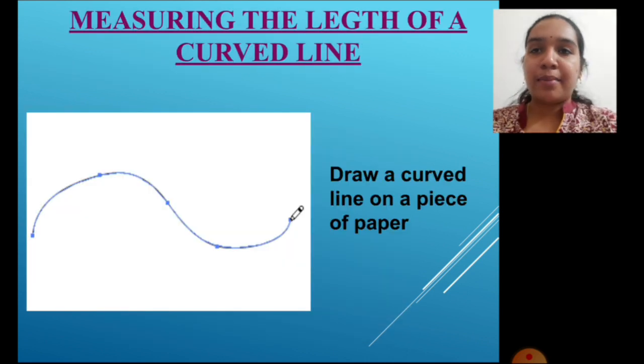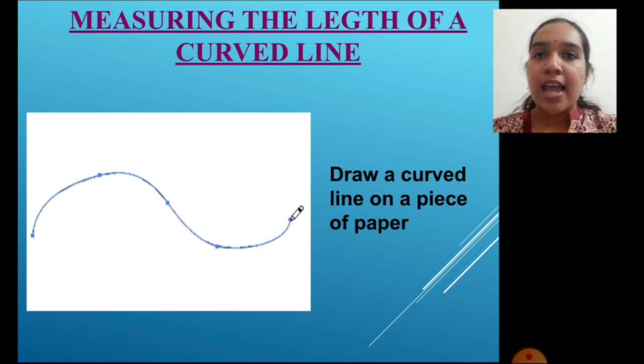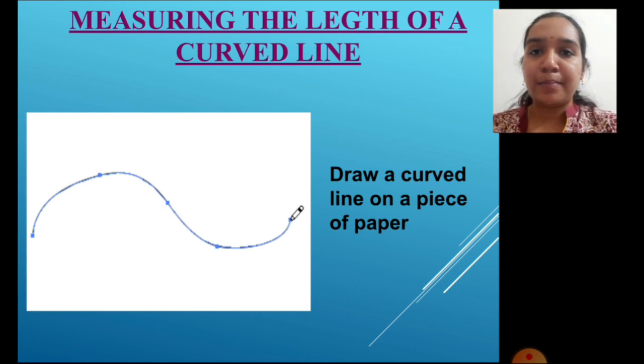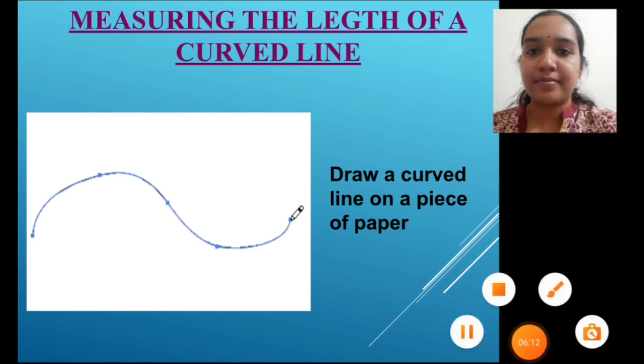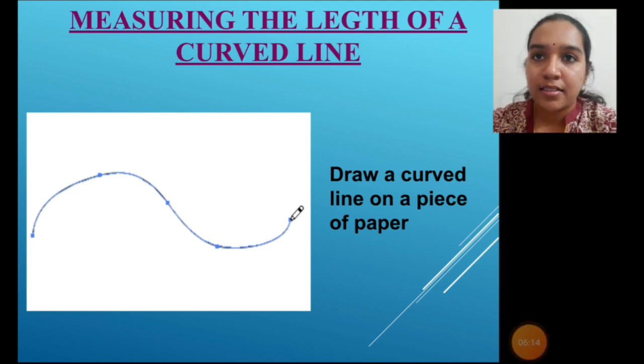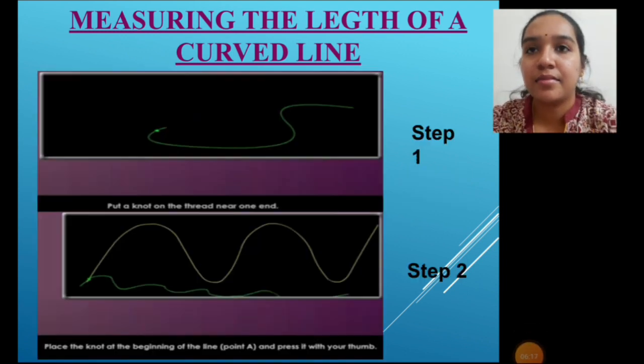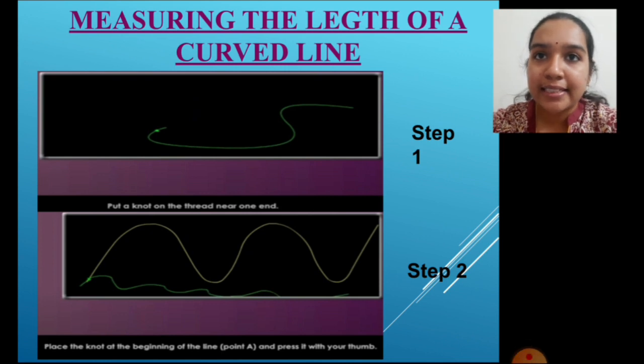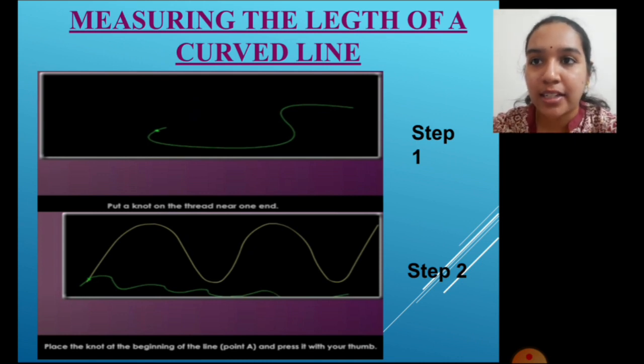Now that you are ready with the material, first on a piece of paper, draw a curved line of your choice. It can be any curved line. And mark its ends as A and B. Now take the thread into your hands and put a knot on the thread at one end, like you see in the image in step 1.